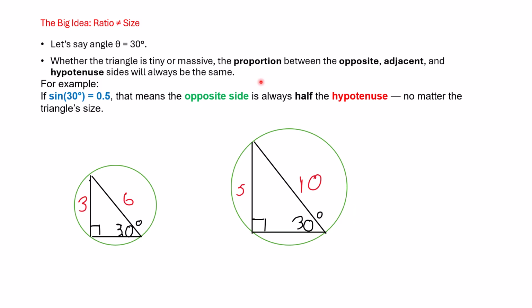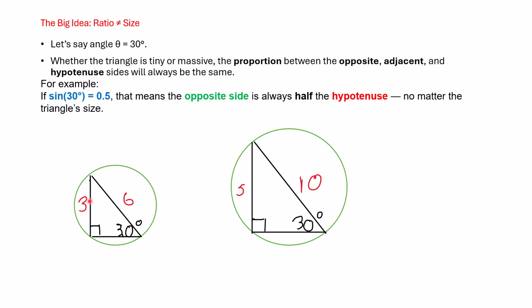So what we have discovered by doing this is that the sine of 30 degrees will always be 0,5. That means the opposite side is always half the hypotenuse, no matter the triangle size. So there, that's 30, and we draw a side there that's 3, right? For that to be 90 and this to be 30, then this side will be 6.